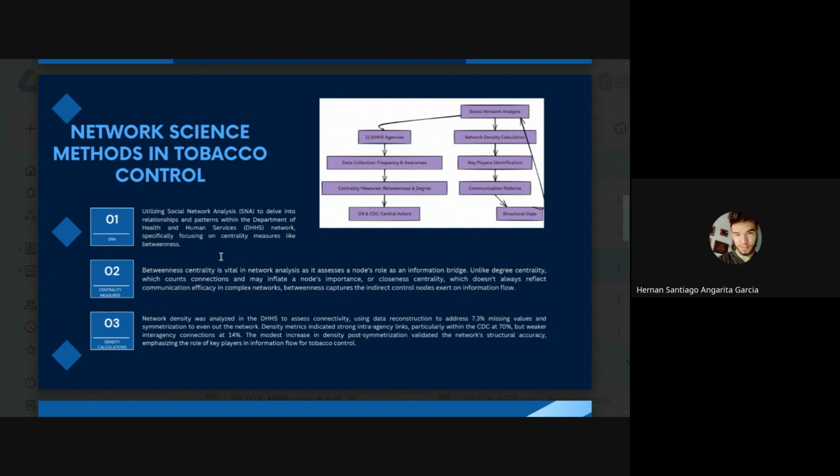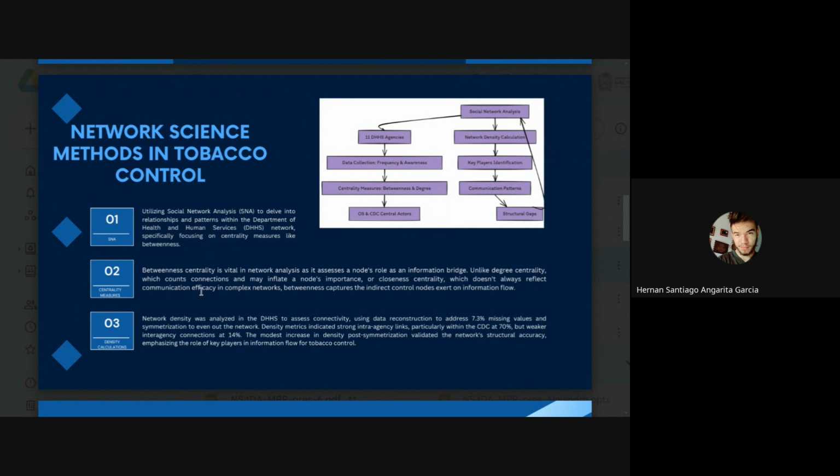So that is very useful, because when an agency has high betweenness centrality, the information moves very, very quickly between these points. Yeah, it's a bridge, a very quick bridge of information.